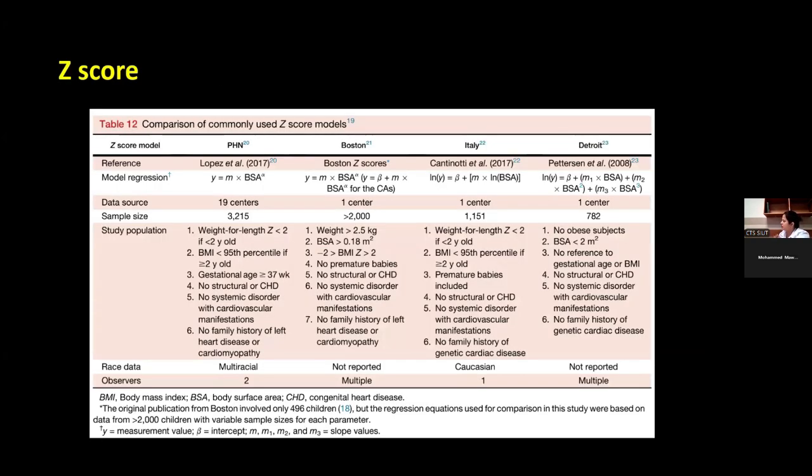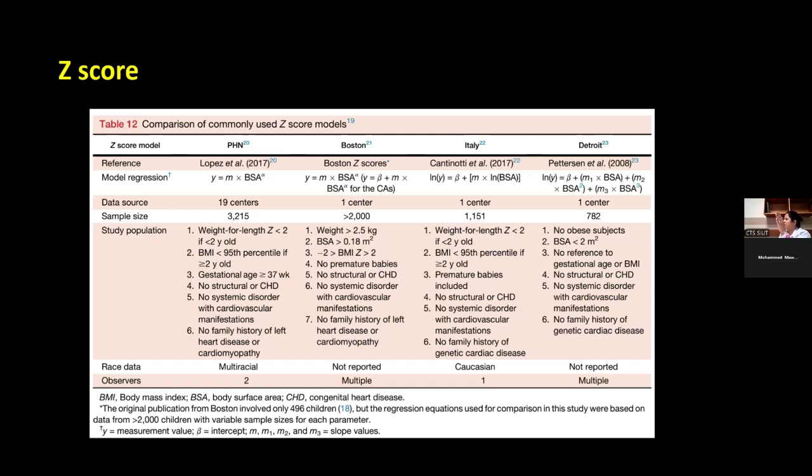And Z-score, most of you know what a Z-score is, but just as a refresher, the Z-score is based on standard deviation, and we place our measurement on the basis of these observed measurements, where our value falls.